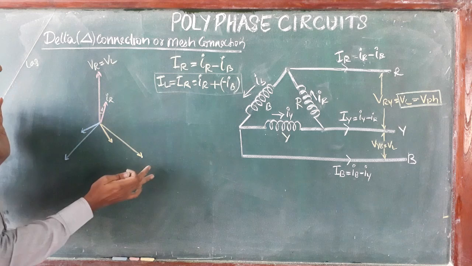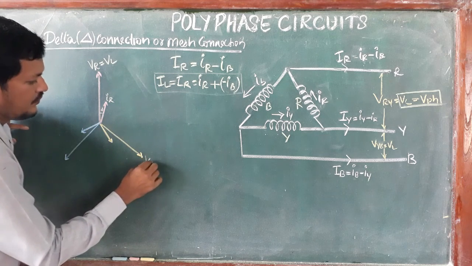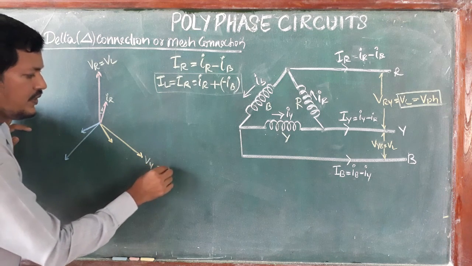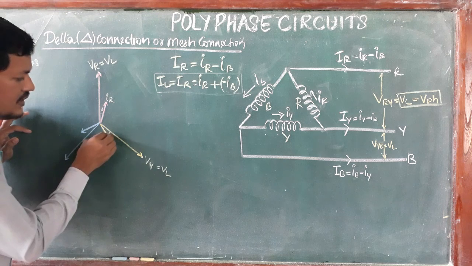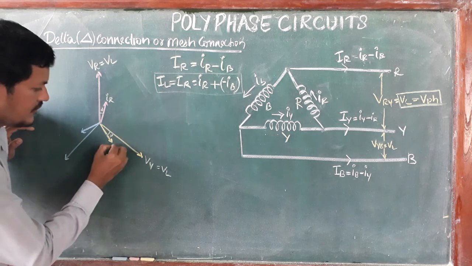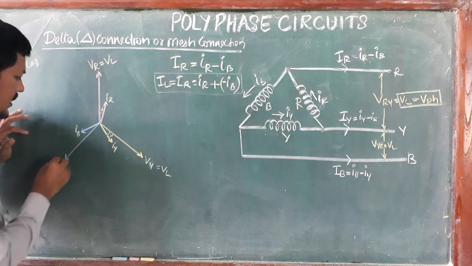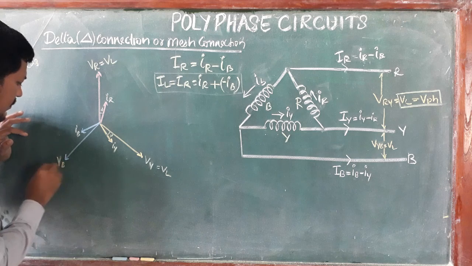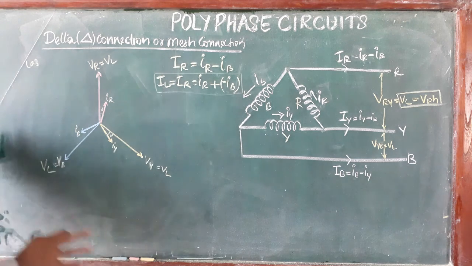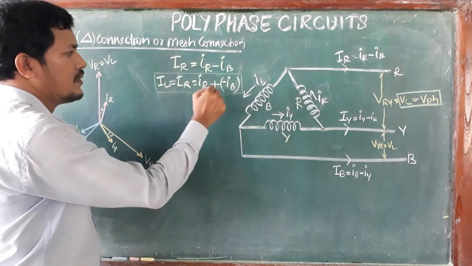Taking balanced condition, similarly VY equal to VL, the same phase angle phi, and this is IY, and here IB, and this is VB equal to VL, phase voltage or line voltage, same.